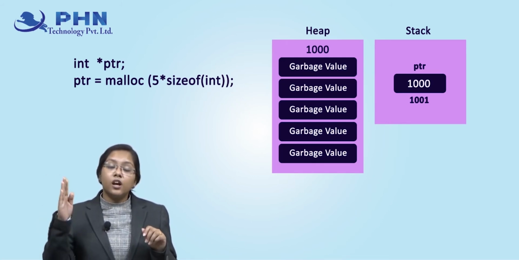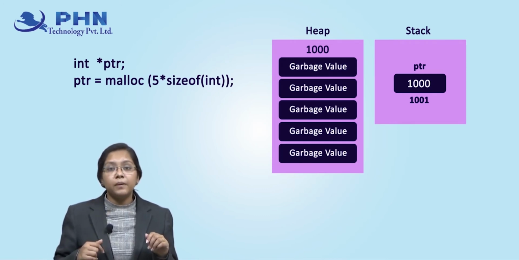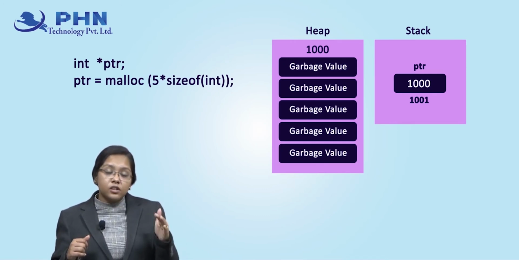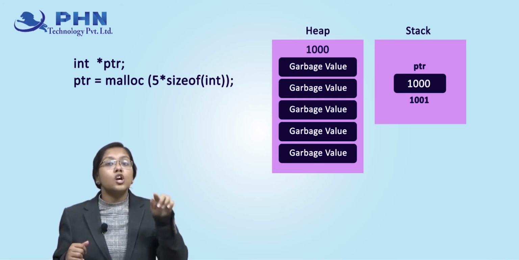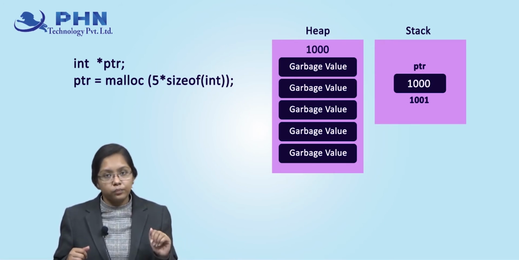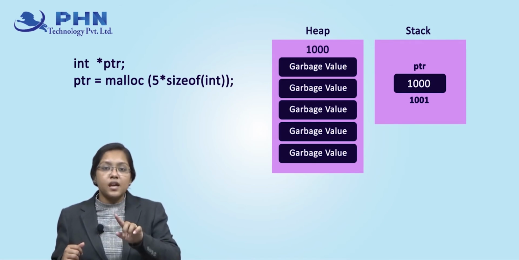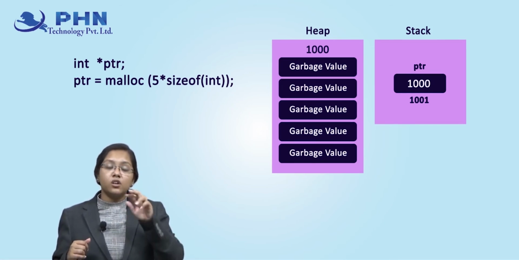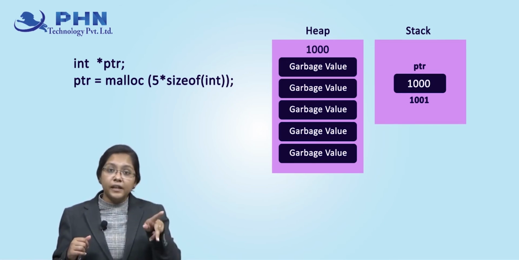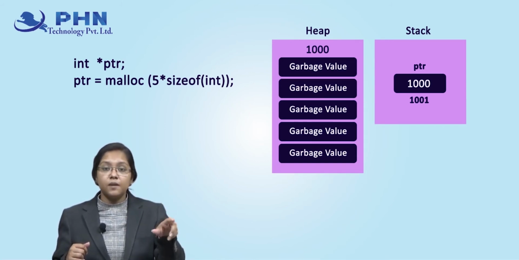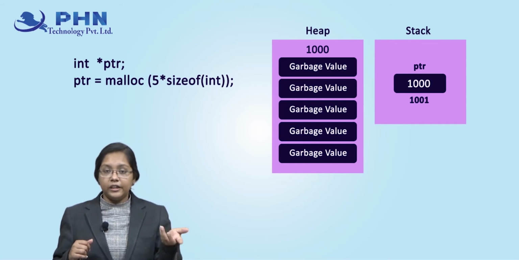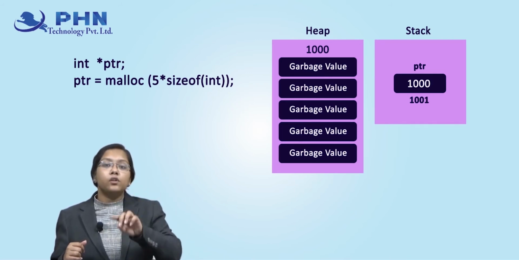Now that I have stored the base address in my ptr, here I have used realloc. The parameters in realloc are ptr and new size. The first parameter is my ptr, and then there will be the new size.